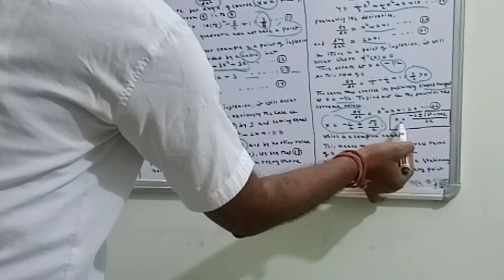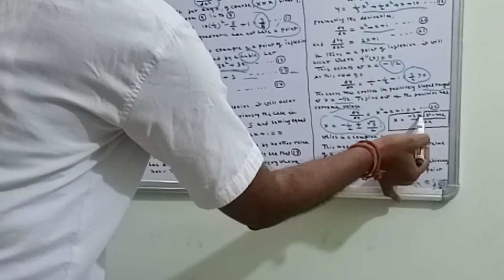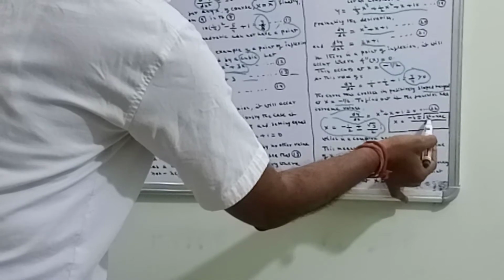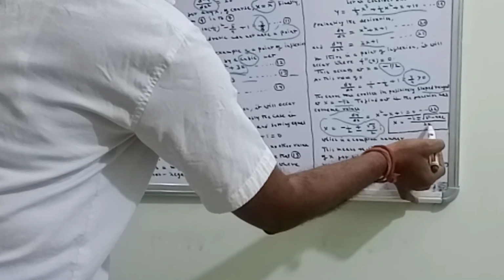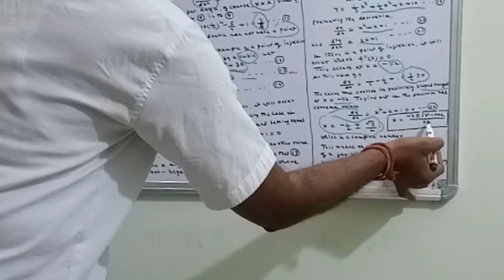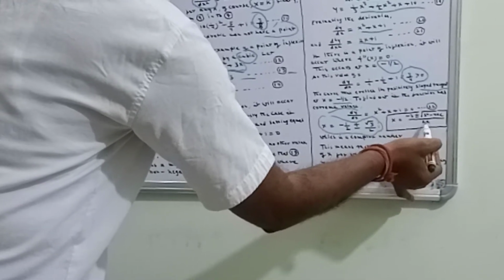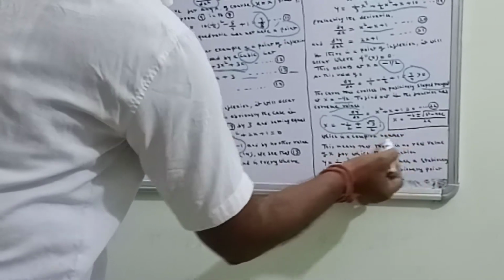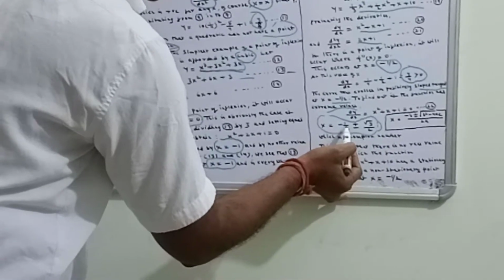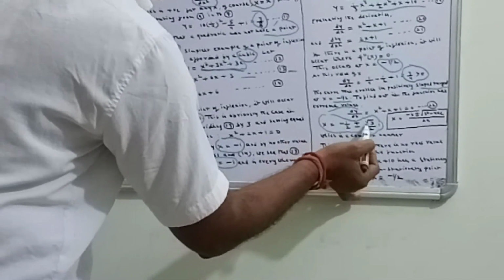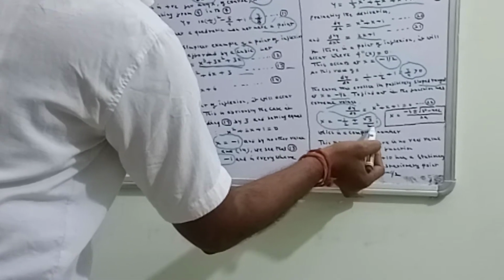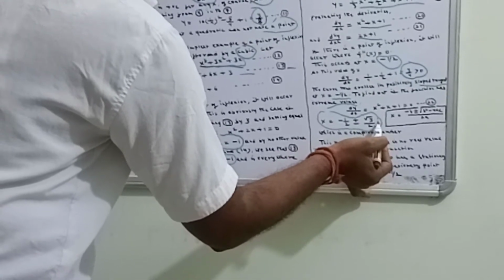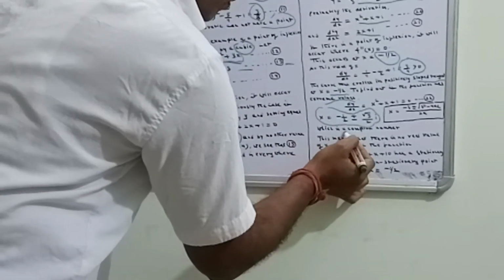By using the formula x equals minus b plus or minus root of b squared minus 4ac, divided by 2a, and putting in the values, we get x equal to minus 1 by 2 plus or minus root 3 divided by 2 times i. So this is a complex number.